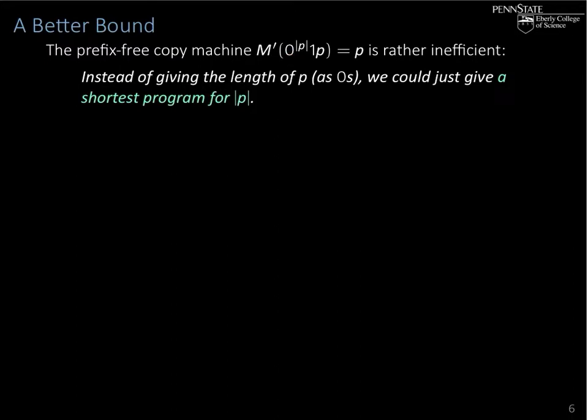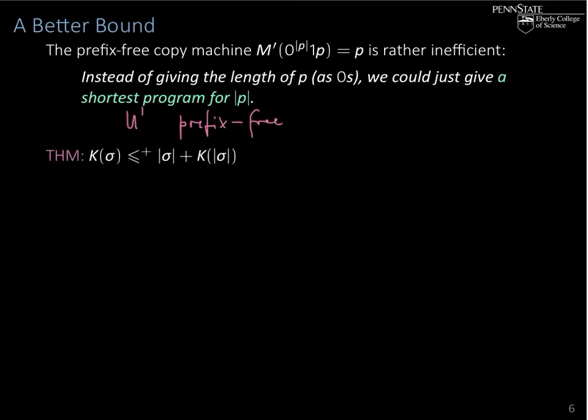So instead of using this 0 to the length of p, 1, p, we could just give a shortest program for the length of p. Because our universal machine U prime is a prefix-free machine, all shortest programs in particular form a prefix-free set.